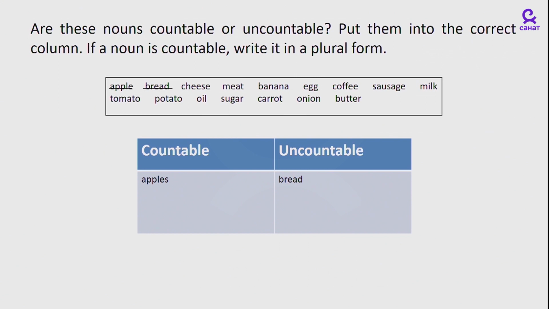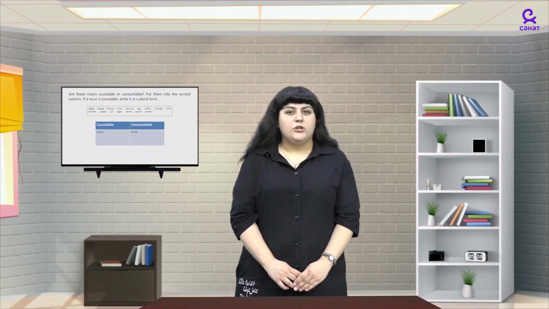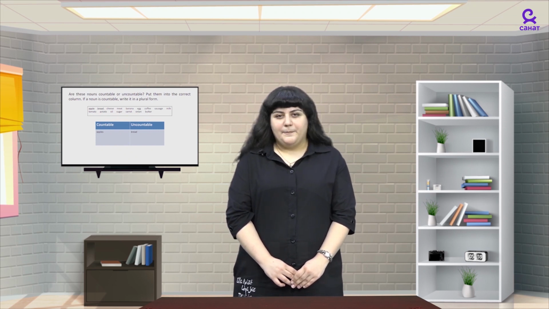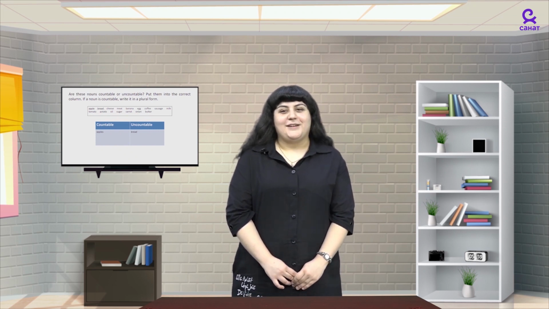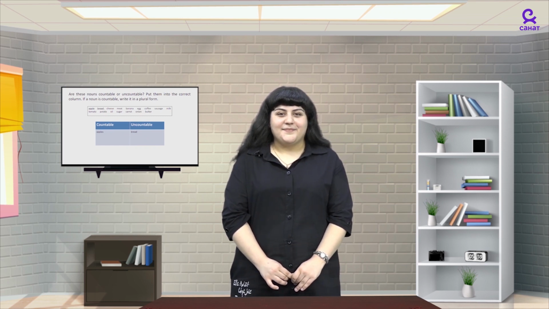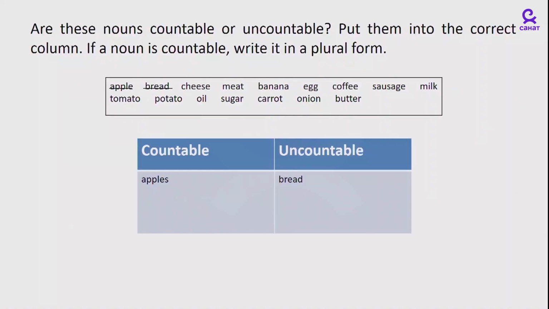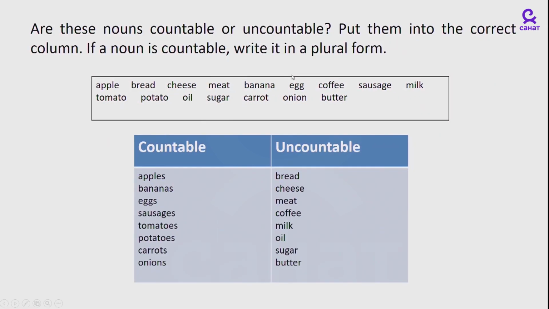And what about bread? Is it countable? No, uncountable. So do you put it into the first column or second column? Yes, the second one. You're right. So please do it yourself. Let's check it together. Please look through the answers and check your ideas. Well done.